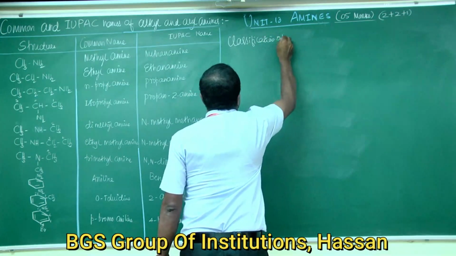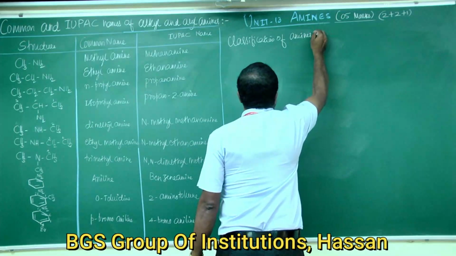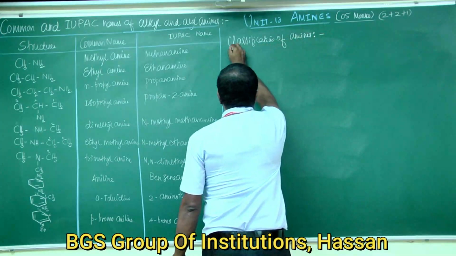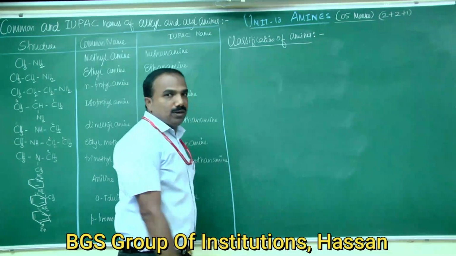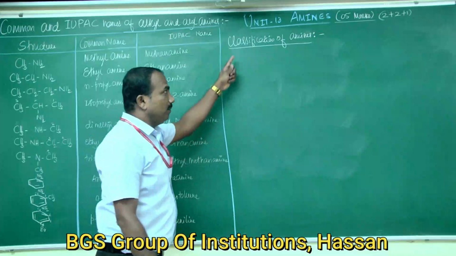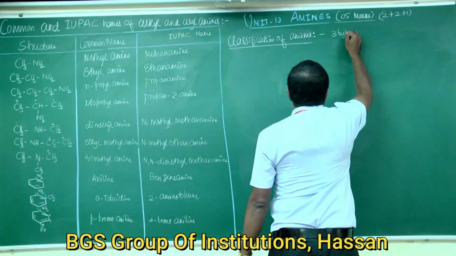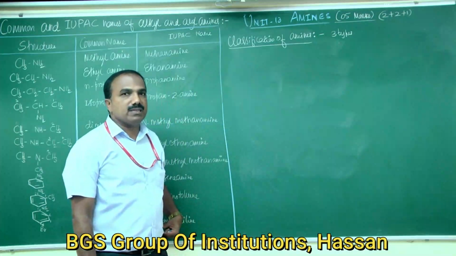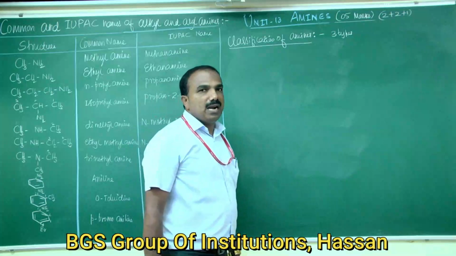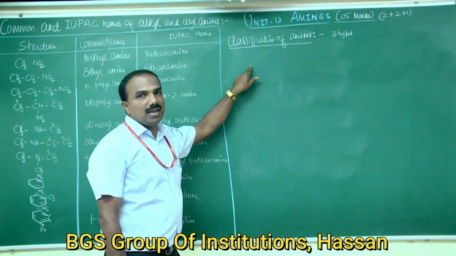Classification of amines. Amines are broadly classified into three types, based on the number of hydrogen atoms of ammonia replaced by alkyl or aryl groups.